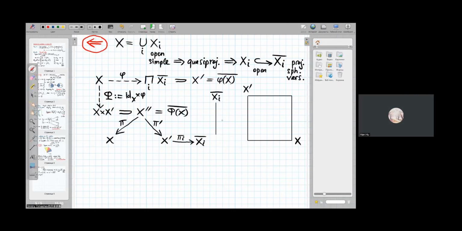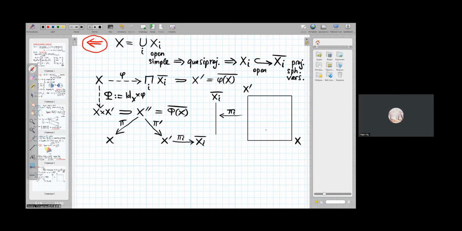And we have this map pi sub i, the projection map from here to here.